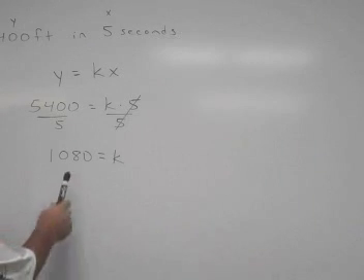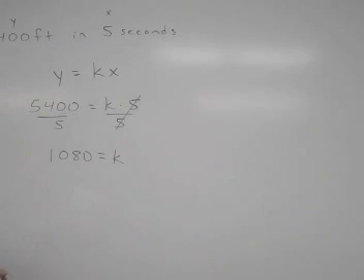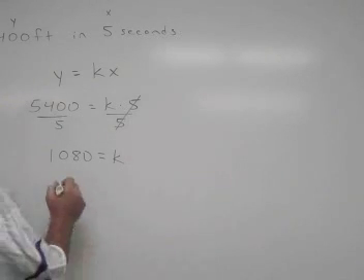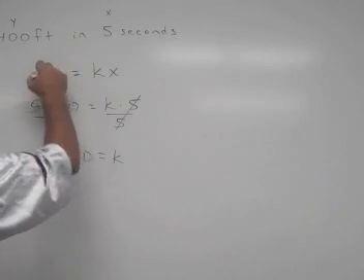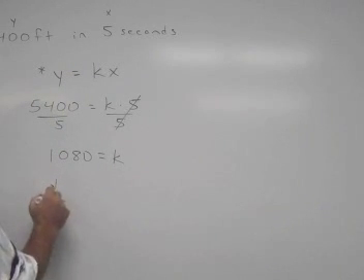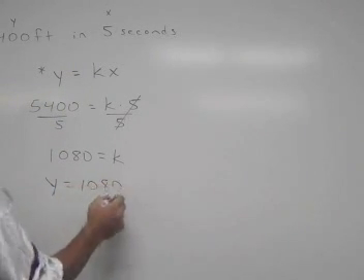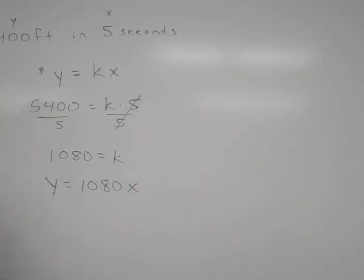Once we know the constant of variation, or the constant of proportionality, depending on what terms you're using, they ask us to write out the equation for this. So our equation is going to be y equals 1,080 times x.